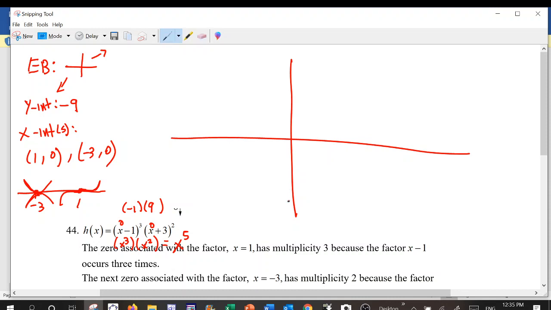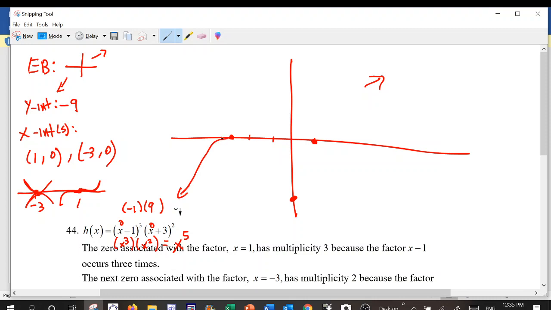Okay, so that's 1. So graphing it, now it's easy. The y-intercept is negative 9. X-intercepts are negative 3 and 1. And the end behavior is this way. So at negative 3, it's supposed to come over here, stay close, right?